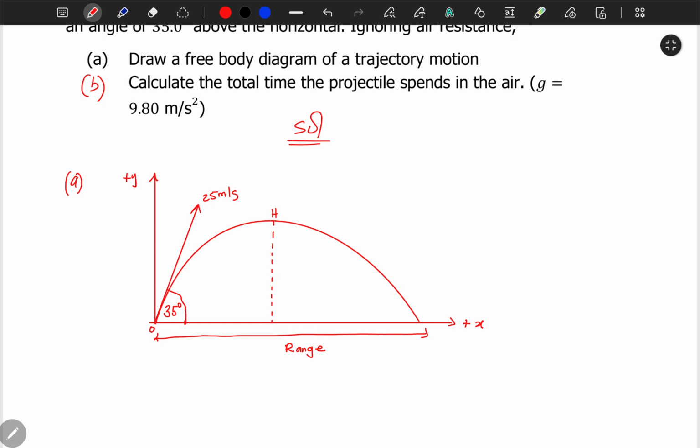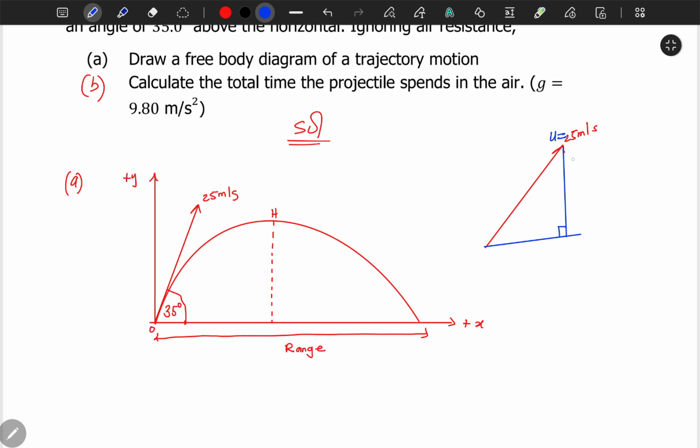Now, one thing that you need to understand is that this is motion in two dimensions. So this velocity, which is 25 meters per second, must be resolved into its components. So this has the x component and the y component. Remember that this is just u equal to 25 meters per second.